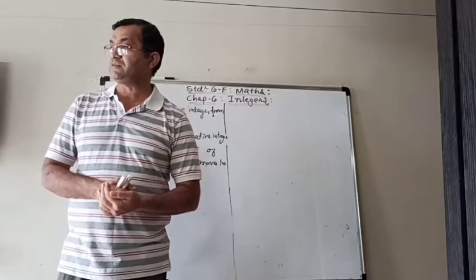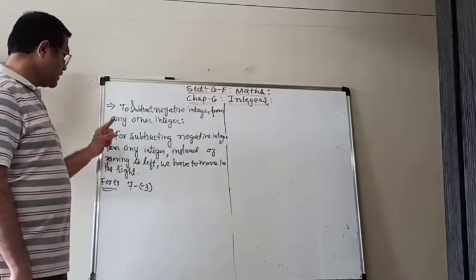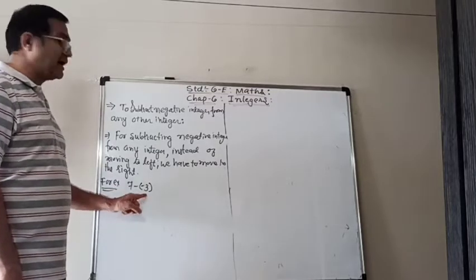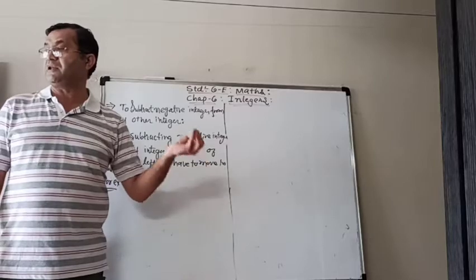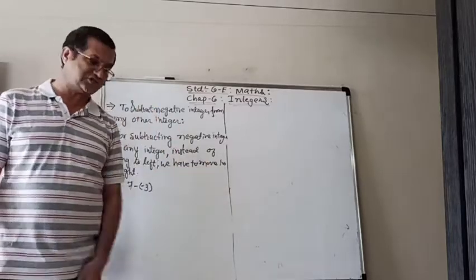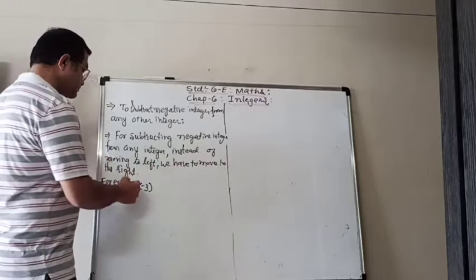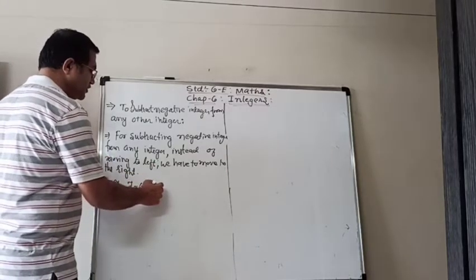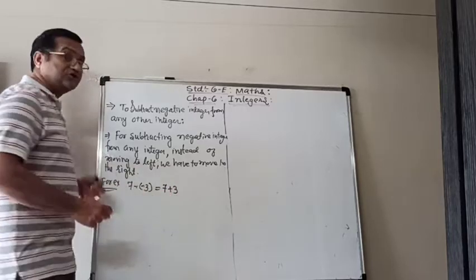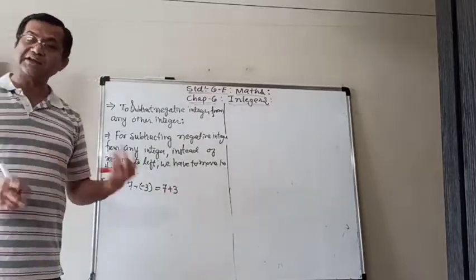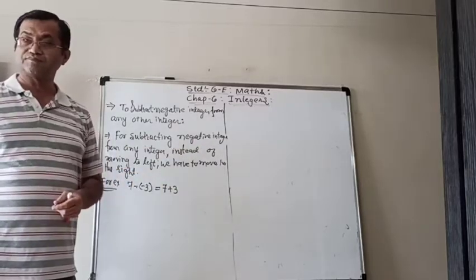Let us understand with an example. Look here. 7 minus negative 3 means 7 minus minus 3. Here, as I told you, minus minus becomes plus. So actually, subtracting a negative integer means adding its opposite integer.